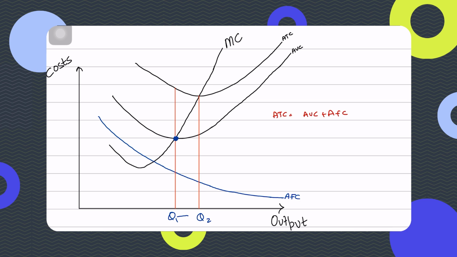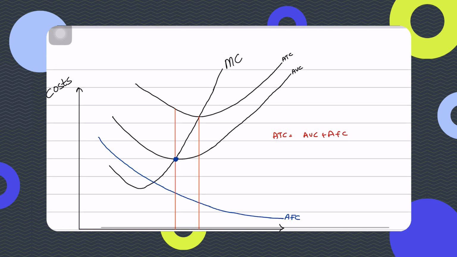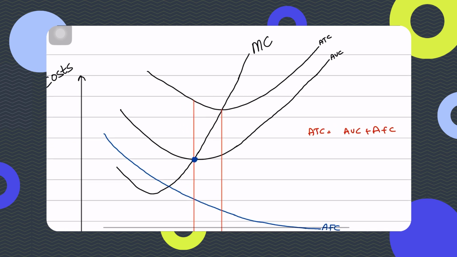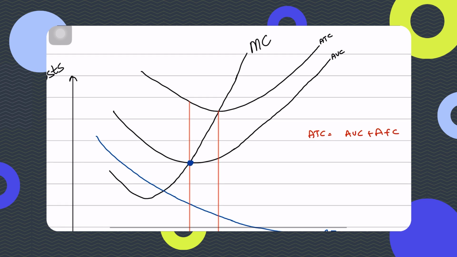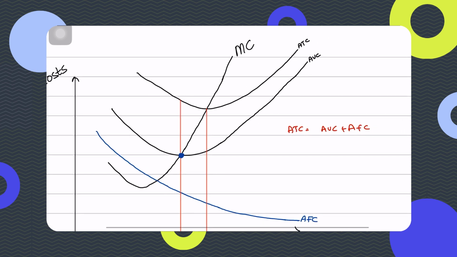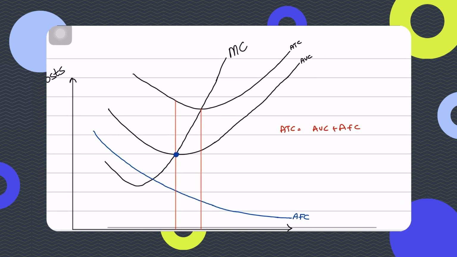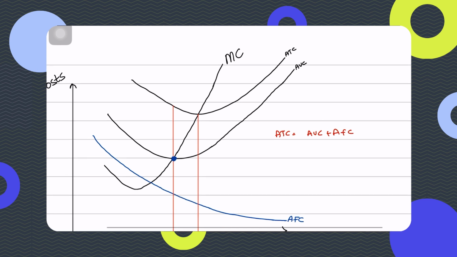And the simple reason is that the marginal cost curve intersects AVC first and then ATC later, right? Because it takes more output for the spreading of AFC to slow down and stop offsetting the rising AVC.